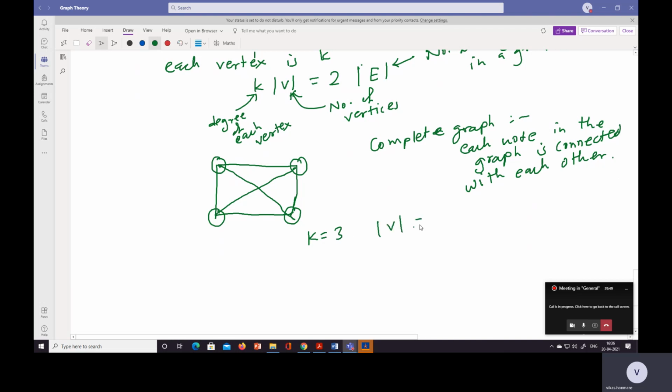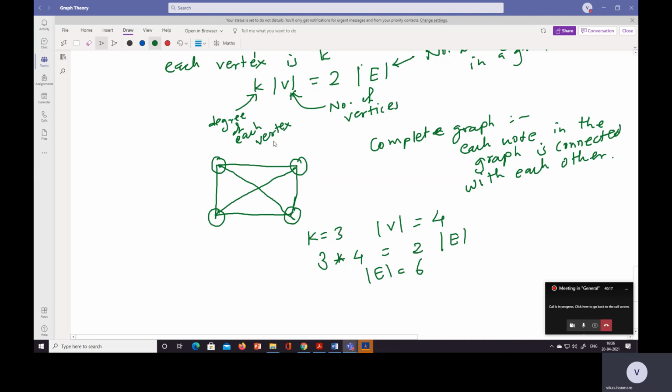Then how many vertices are there? 4. Then how many edges are there? We compute by using this formula and then cross check. So 3 into 4 is equal to 2 into number of edges. So 12 divided by 2 is 6. So E, the number of edges, is equal to 6.